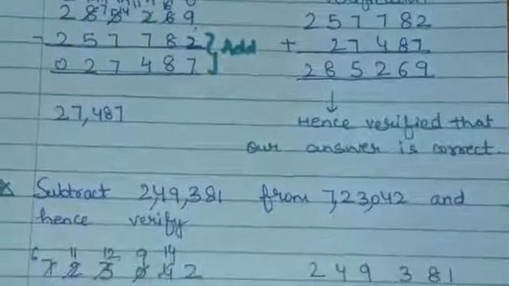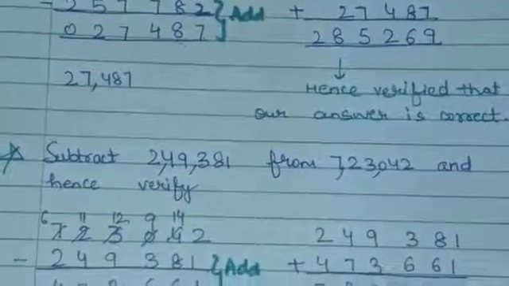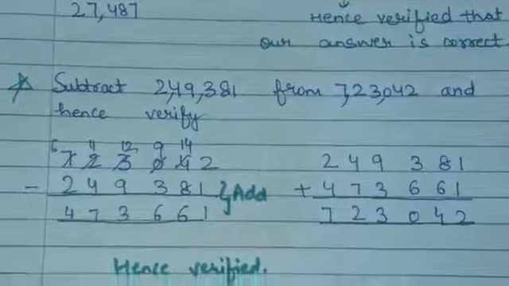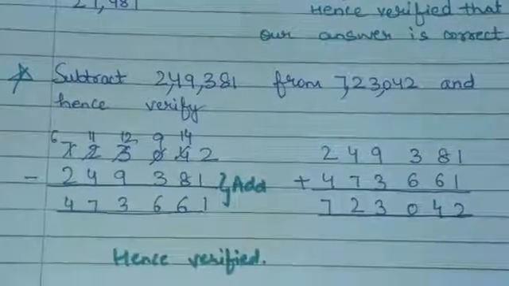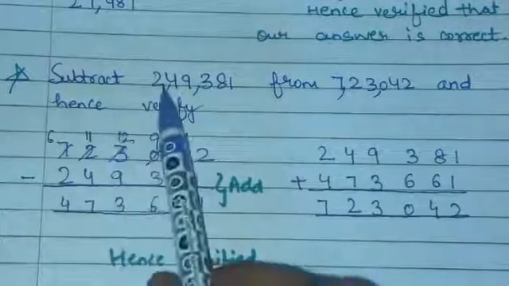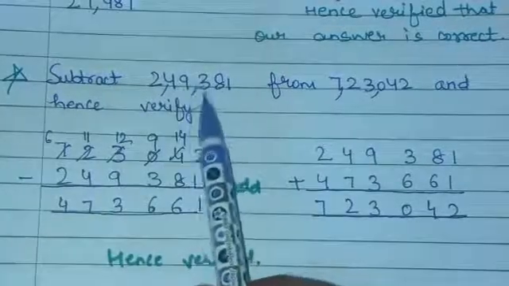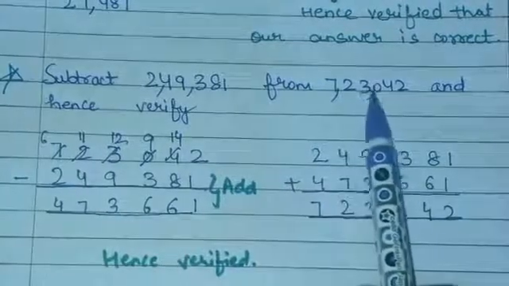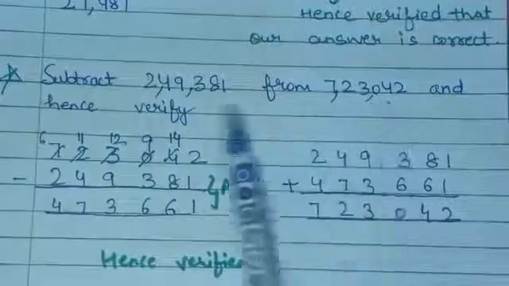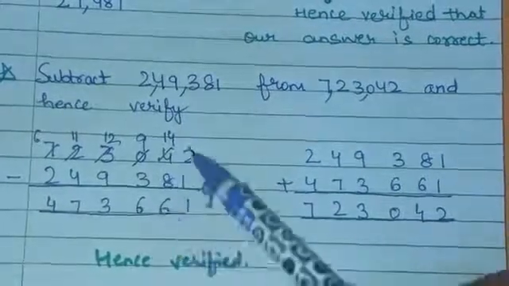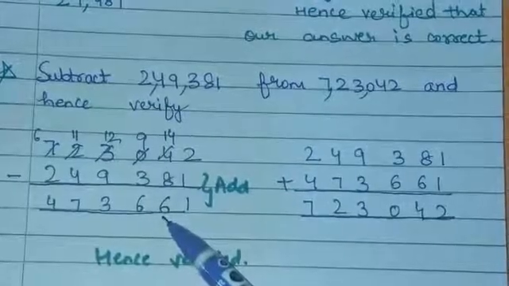Fine. Now in the next question, again we have to subtract the two numbers and then verify. Subtract 2,49,381 from 7,23,042 and then verify. So again, simple subtraction we have done.